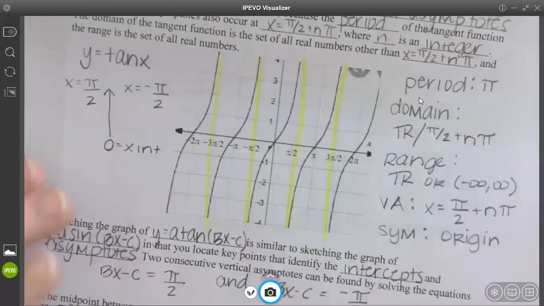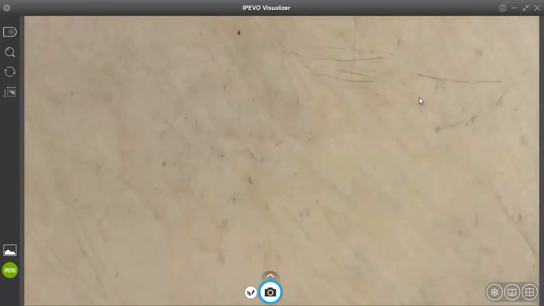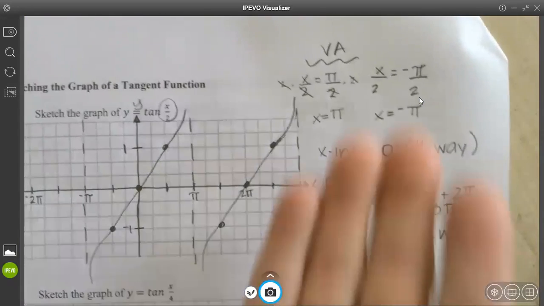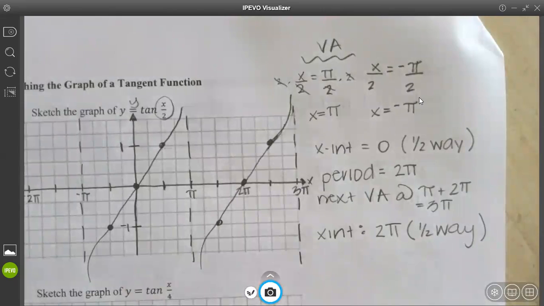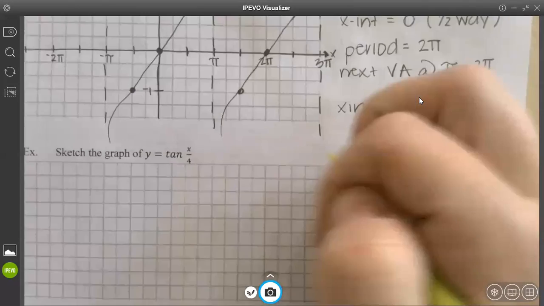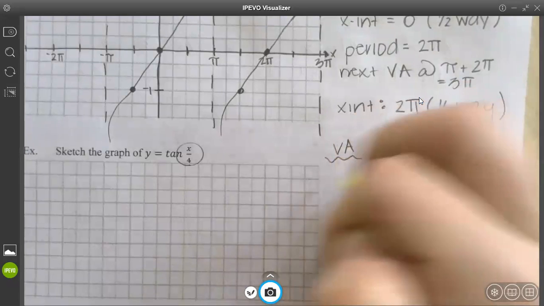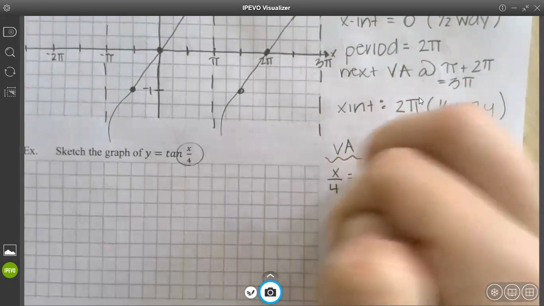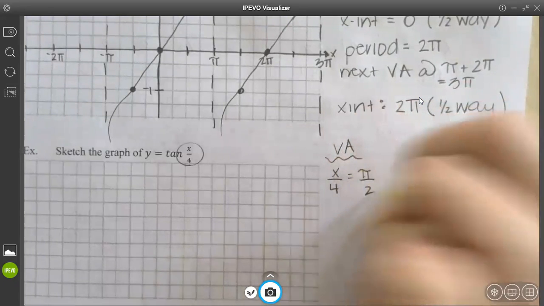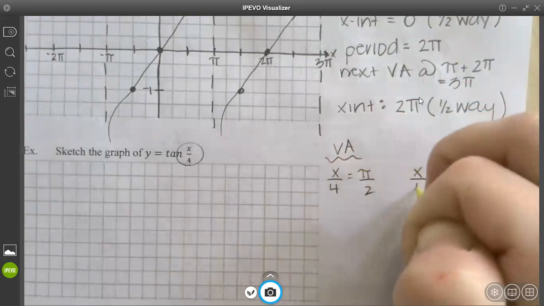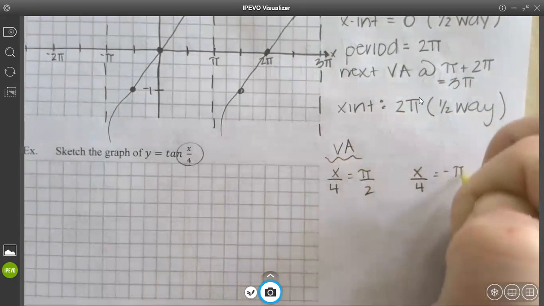Okay, those are the things you need to know without having to look at a graph. So how do we figure out where our vertical asymptotes are? Equal to pi over 2. So take this number right here, x over 4, and set it equal to pi over 2, as well as negative pi over 2.